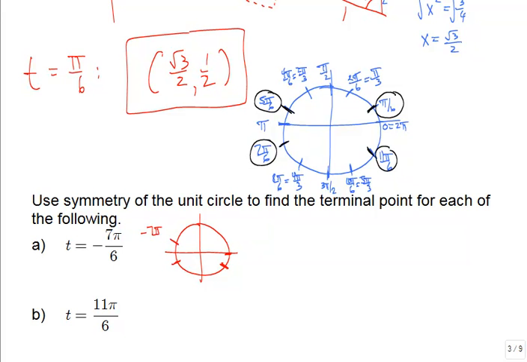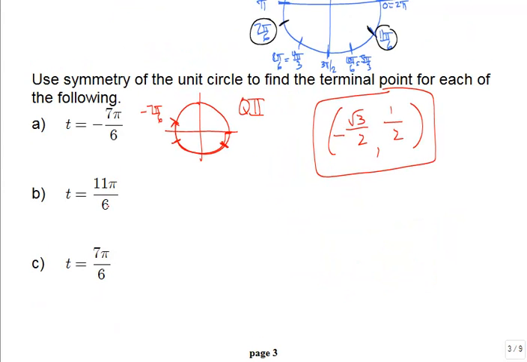So negative 7 pi over 6 would put me right there in quadrant 2. Now because it's a pi over 6 t value, I automatically know the terminal point has got to be root 3 over 2 comma 1/2, but it might have some negatives in there depending on which quadrant I'm in. And if I'm in quadrant 2, the x is always negative, the y is always positive.